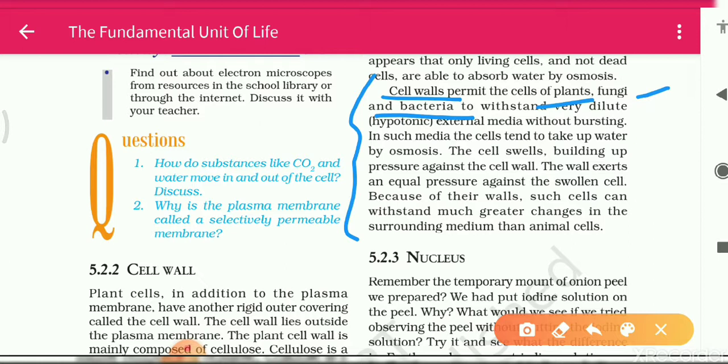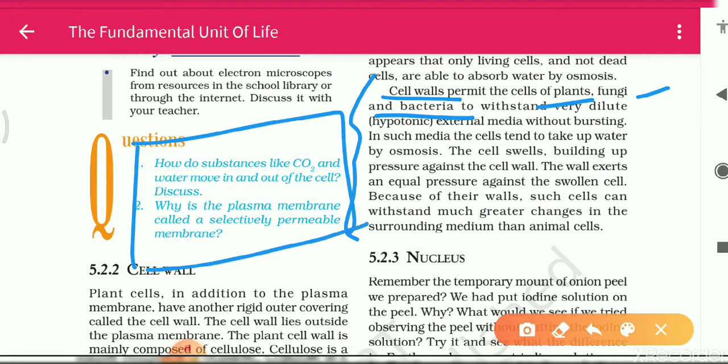Here, this is your beaker, or you can take a petri dish, and this one is a cell, a plant cell, and this medium is a hypotonic solution, meaning the concentration of water is higher here as compared to these cells.